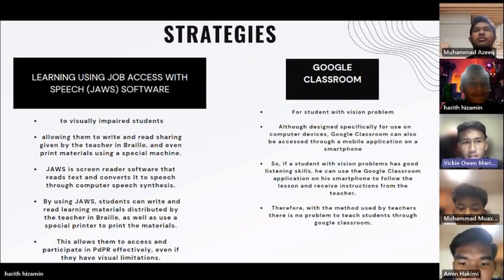The first one is learning using Job Access with Speech software. This is for visually impaired students, allowing them to write and read materials given by the teacher in Braille, and even print materials using a special machine. JAWS is screen reader software that reads text and converts it to speech through computer speech synthesis.